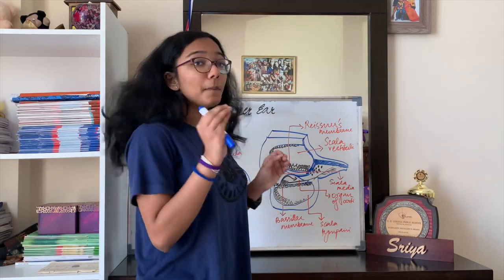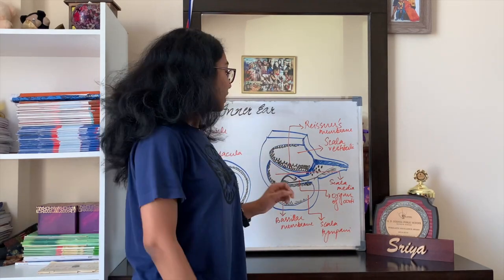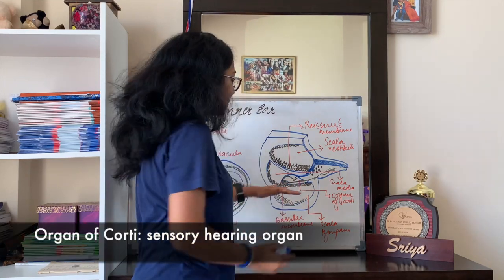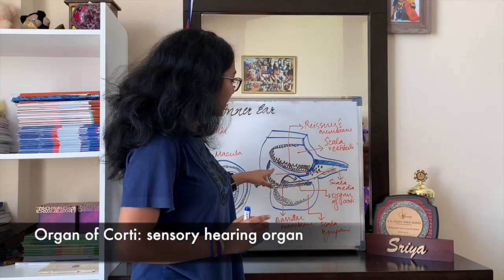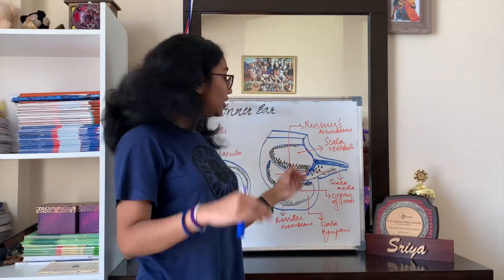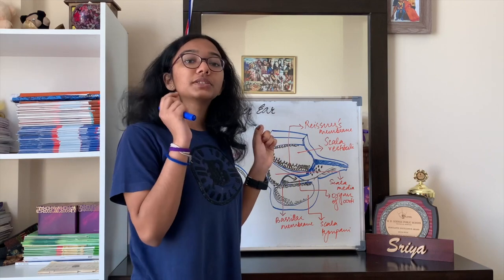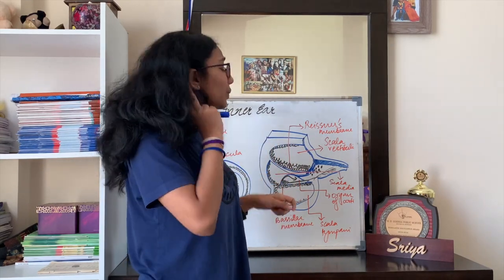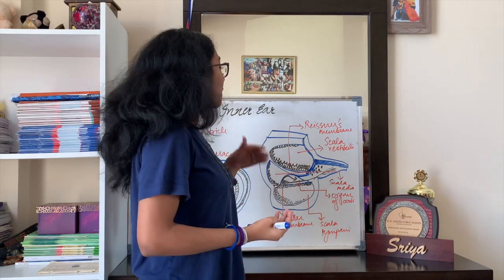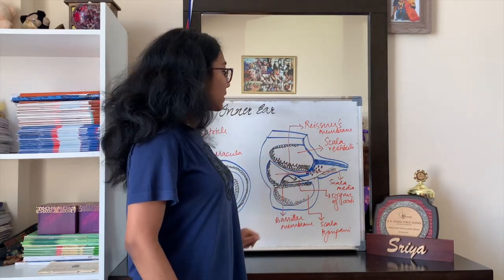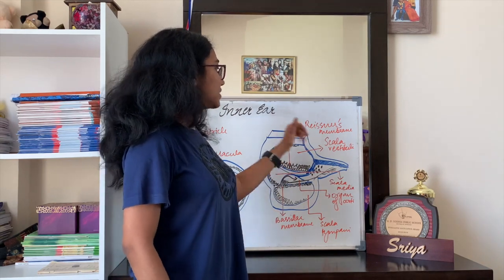Now, the main organ of hearing is the organ of Corti, which is present on the basilar membrane. The basilar membrane is the membrane that separates scala media from scala tympani. So on that membrane, you have the organ of Corti, which is the main organ responsible to detect hearing. We will learn about the mechanism later. But coming to the other membrane, the membrane that separates scala vestibuli and scala media is known as Reissner's membrane.